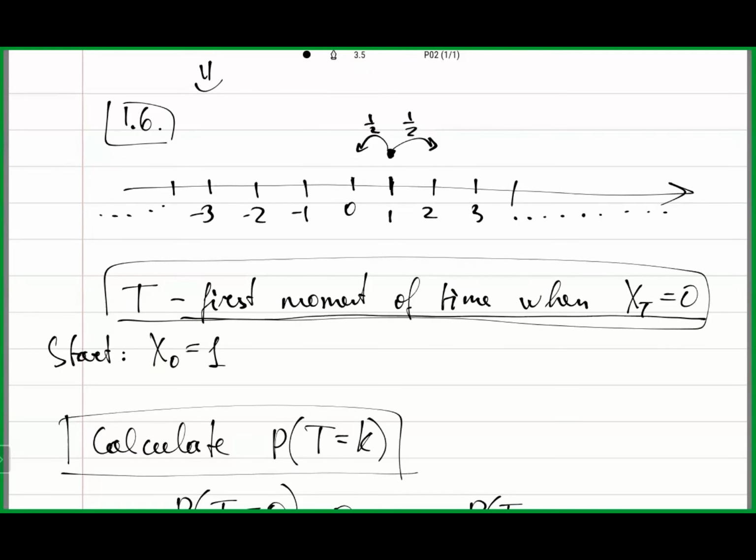So if you start at 1 and you measure the time that you need to go to 0, imagine that 0 is his home. And he starts at the point 1, and he needs at least one move to go to 0. Yeah, the initial starting point is 1, and 0 is like the home point.